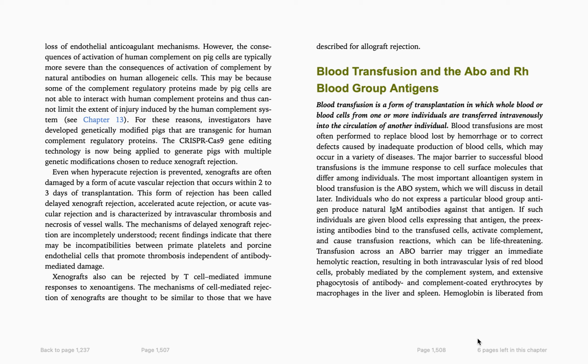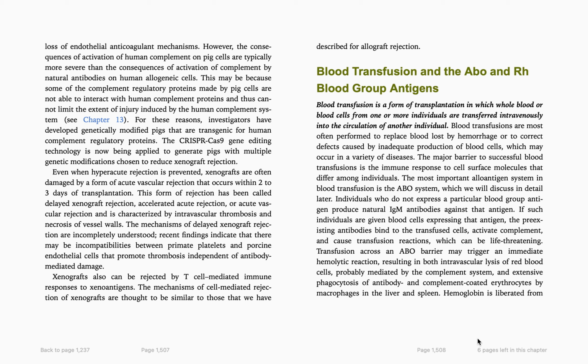However, the consequences of activation of human complement on pig cells are typically more severe than the consequences of activation of complement by natural antibody on human allogenic cells. This may be because some of the complement regulator proteins made by pig cells are not able to interact with human complement proteins, and thus cannot limit the extent of injury induced by the human complement system.